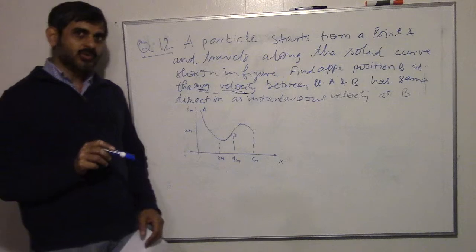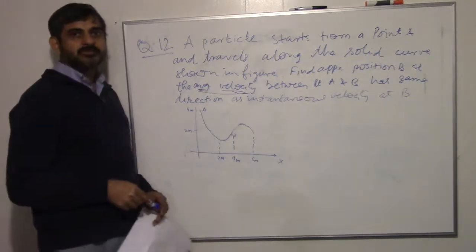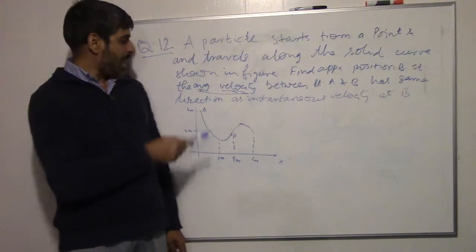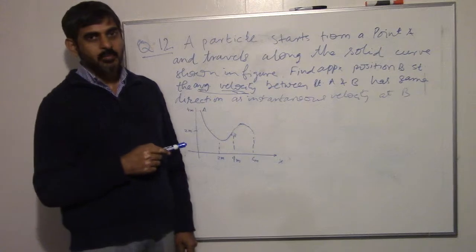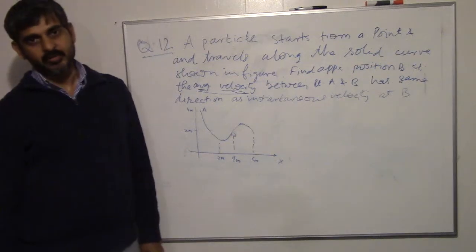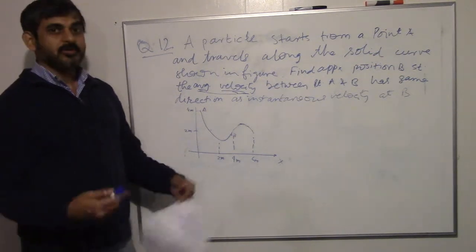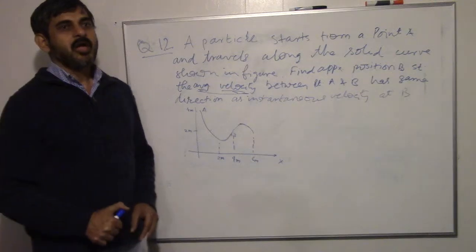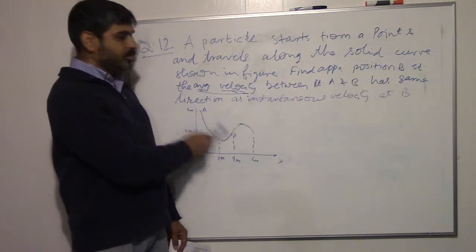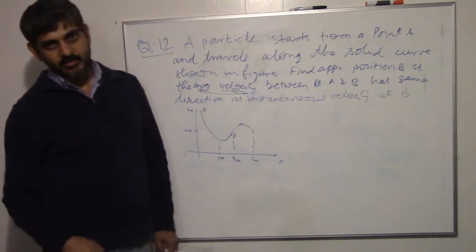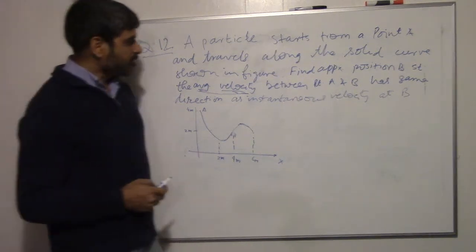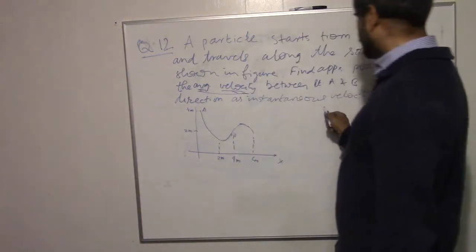So here the exercise for you is, look at the point B and try to find the average velocity between A and B, and the instantaneous velocity at B. And then, if you know these two things, you can find whether at point B the direction of the velocity is the same as the instantaneous velocity. While you do this, I will prepare another graph to help you understand the average velocity and the instantaneous velocity.